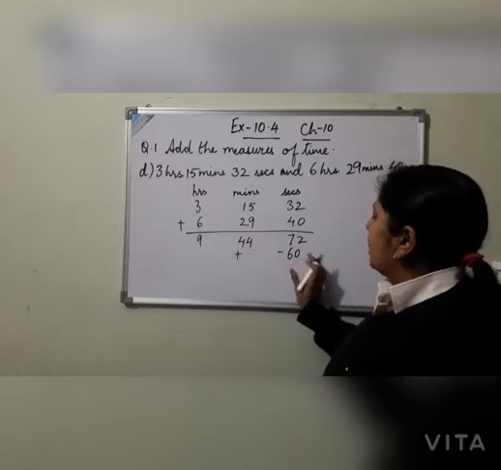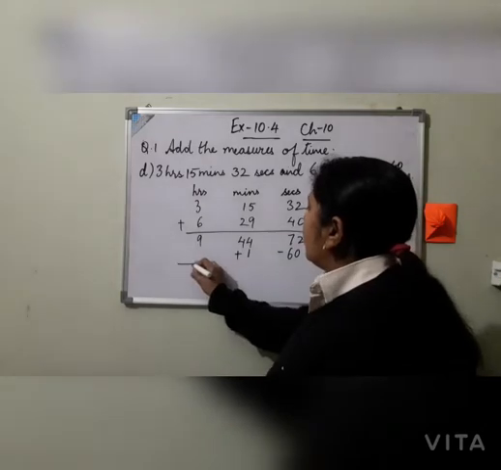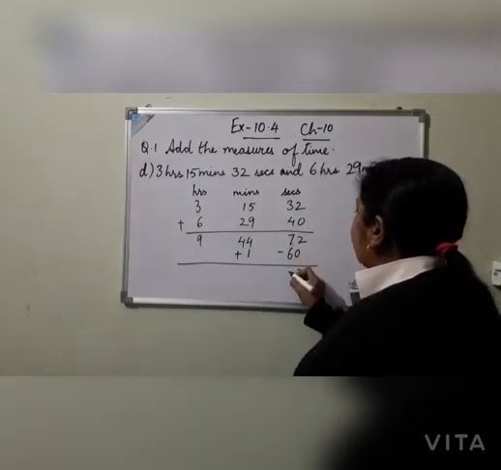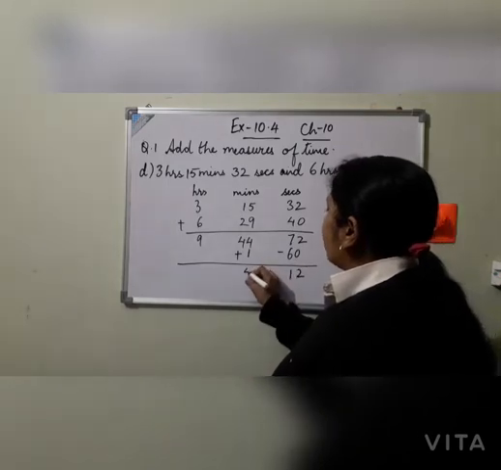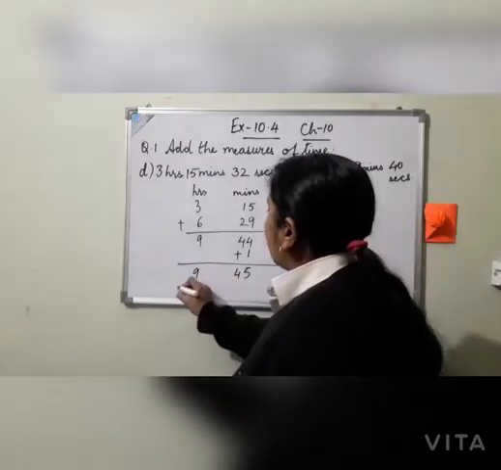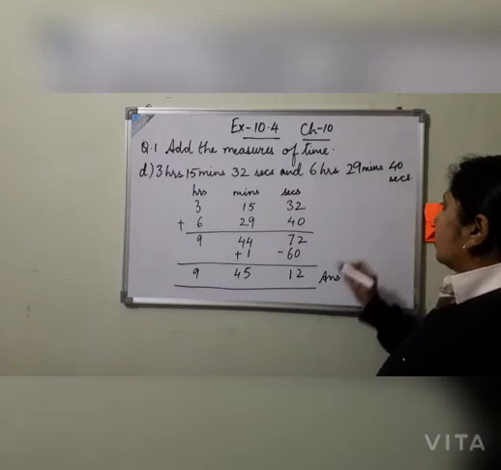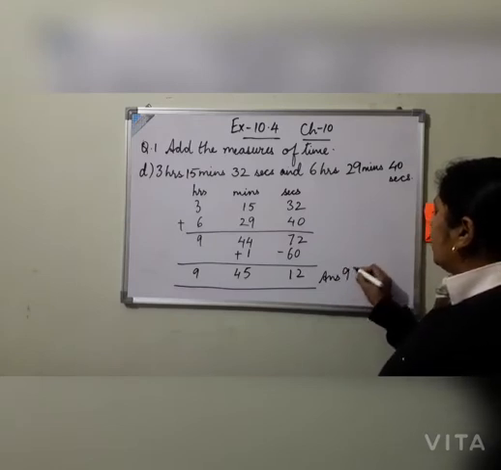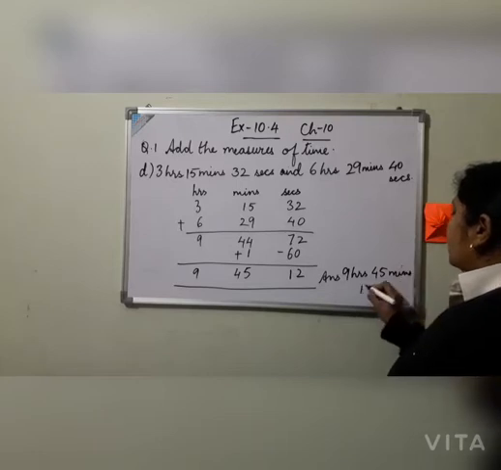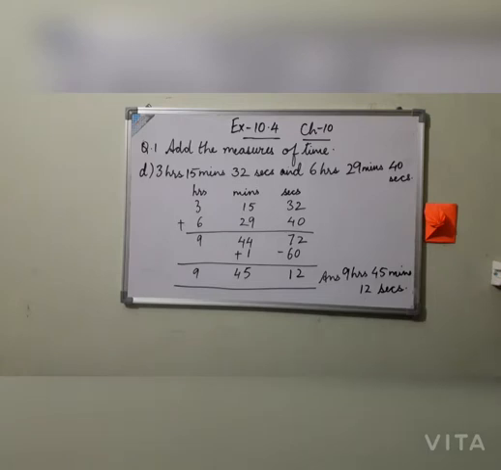So we will deduct 60 seconds from 72 and add 1 minute to the minute column, and this way we will get the exact time. 72 minus 60 is 12, 44 plus 1 is 45, and 9 hours will be the same. So after adding you get 9 hours 45 minutes 12 seconds. This is the way you are supposed to do the addition of time.